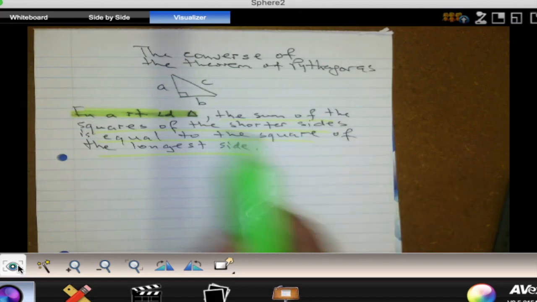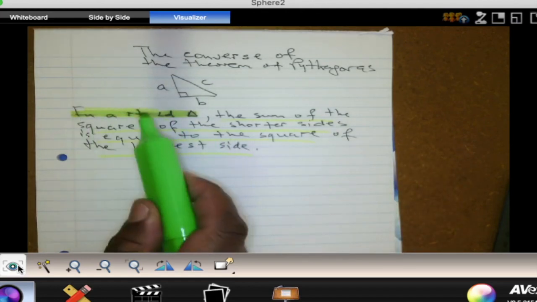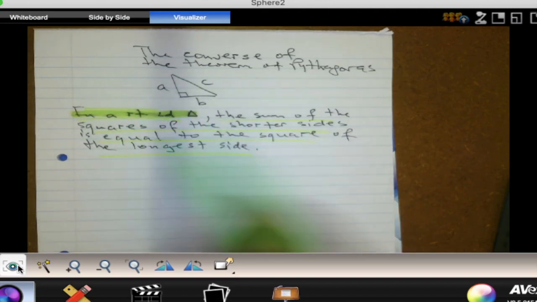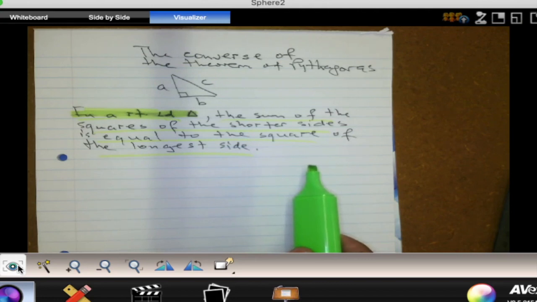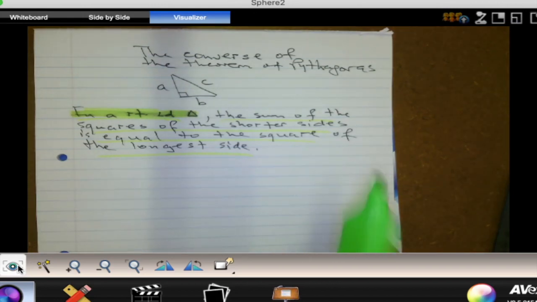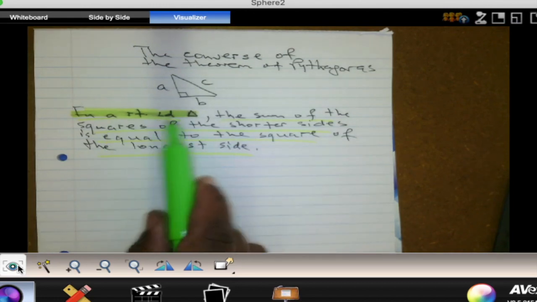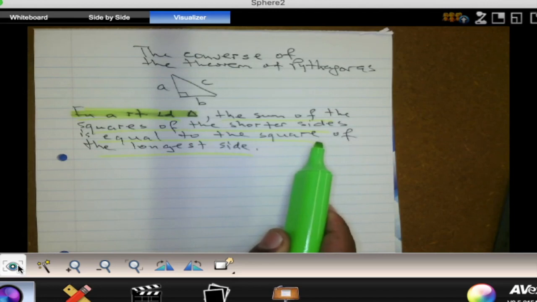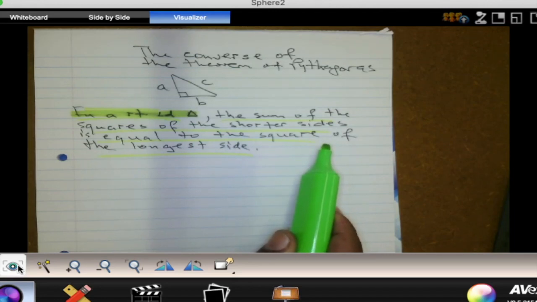I'll say that again. If you read the theorem, it says, in a right-angled triangle, all this happens, right? What happens in a right-angled triangle? The sum of the squares of the shorter sides is equal to the square of the longest side, right?